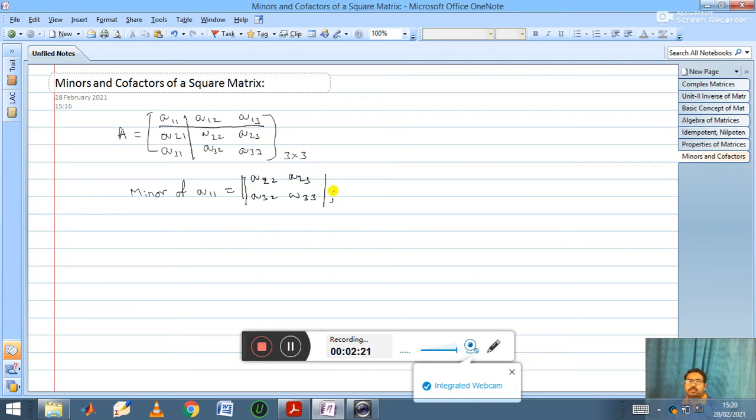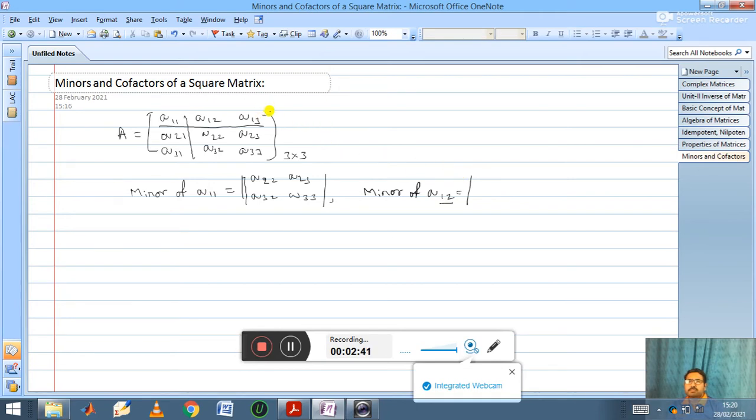Similarly, you can write the minor of the element A12. Here suffix 12 means you delete the first row and second column.